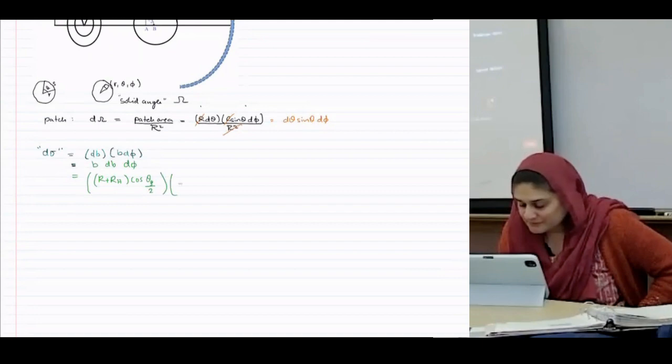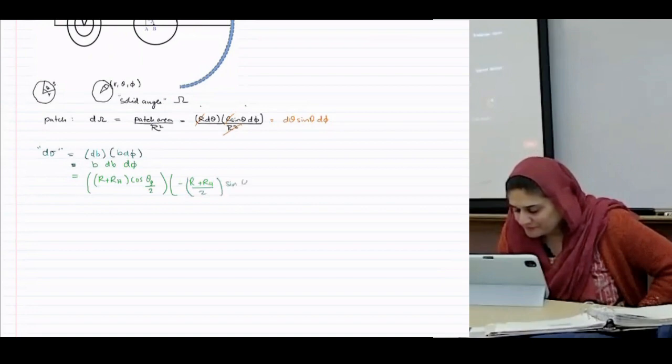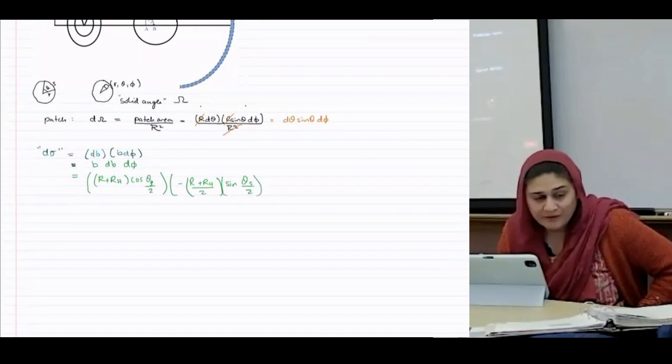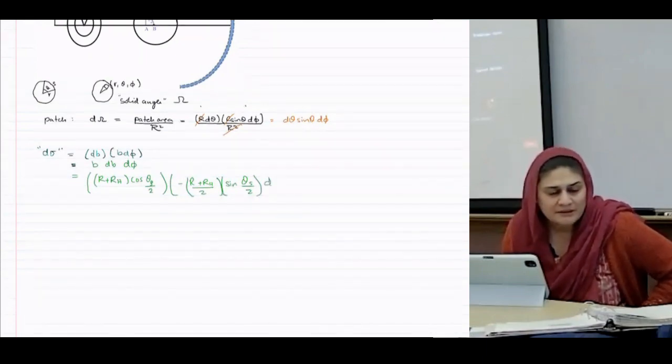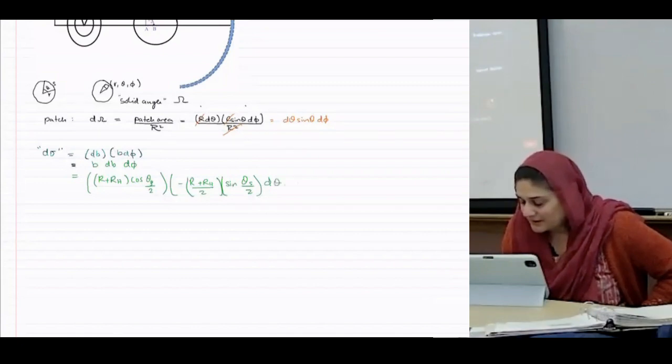R plus RH over 2, negative, and then sine of the scattering angle over 2 d theta. And d phi still exists, right? Yes.